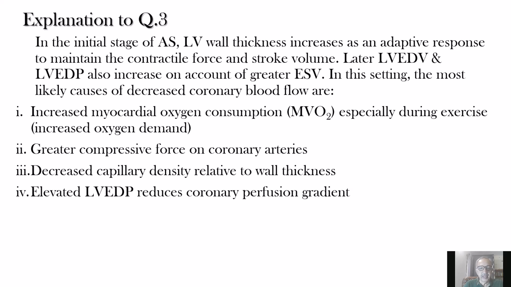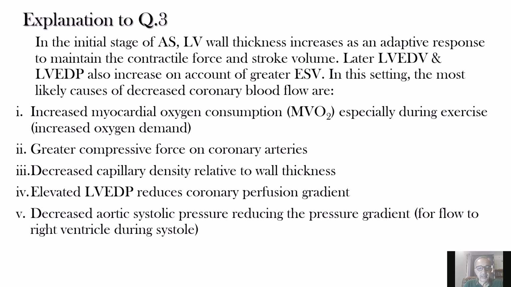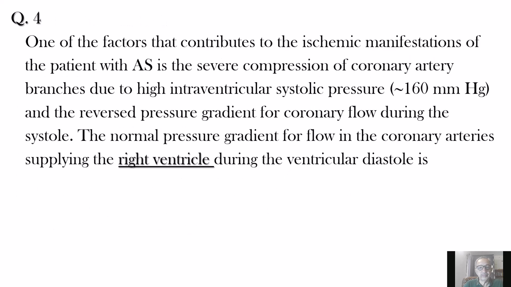Elevated left ventricular end diastolic pressure reduces the coronary perfusion gradient, especially in the diastole, where most of the coronary flow occurs to the left ventricle. And also in later stages, when the aortic systolic pressure reduces, the perfusion pressure reduces, especially to the right ventricle during the systole, where most of the flow occurs. So these are the causes of decreased coronary blood flow in aortic stenosis.